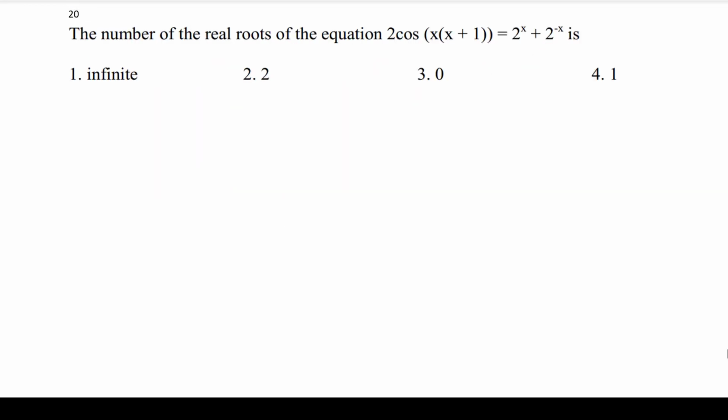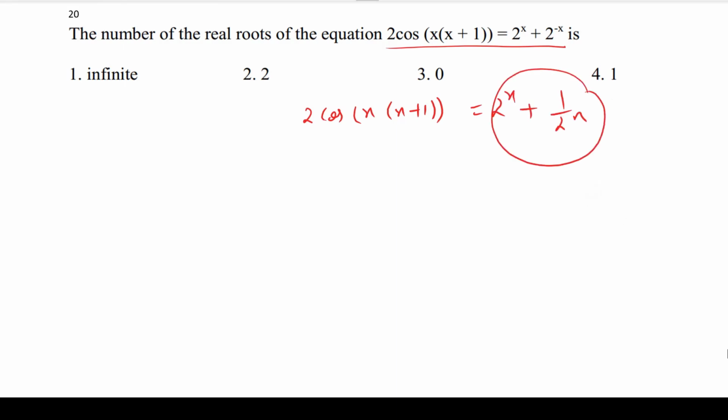The number of real roots of the equation is 2 cos x into x plus 1 equals 2x plus 1 by 2x. So the minimum value of this is 2.